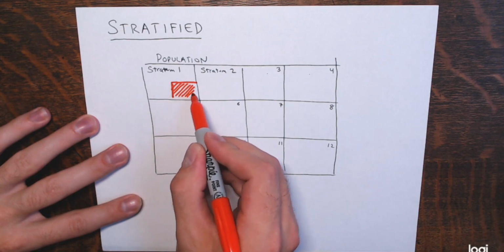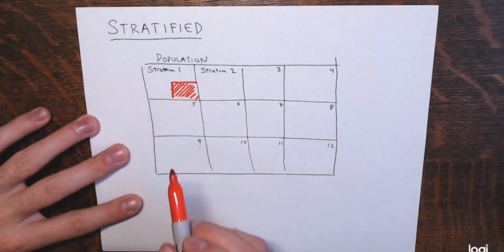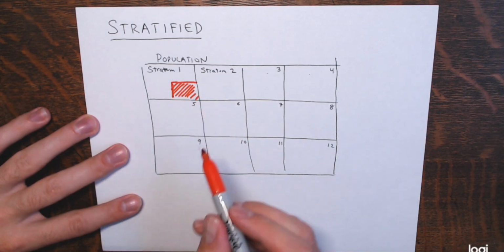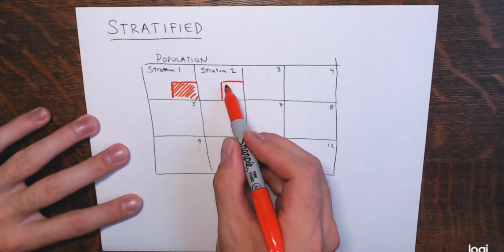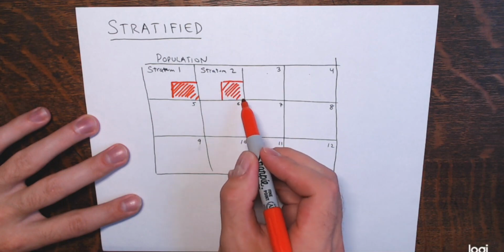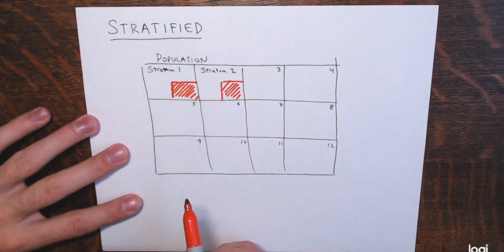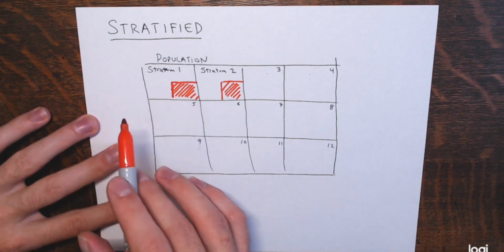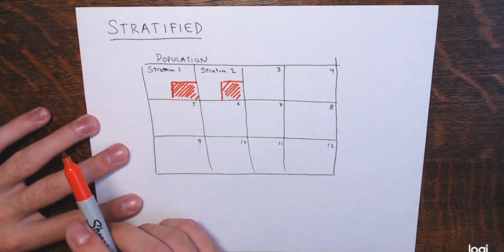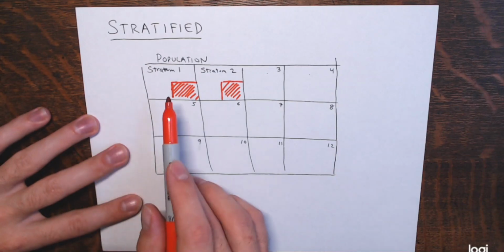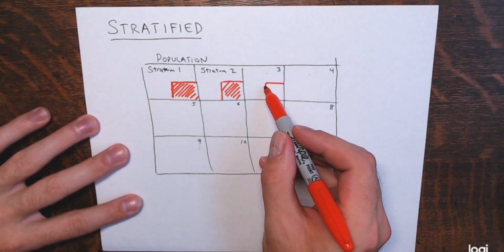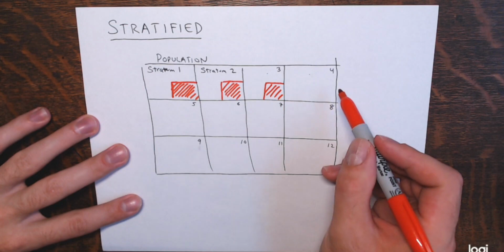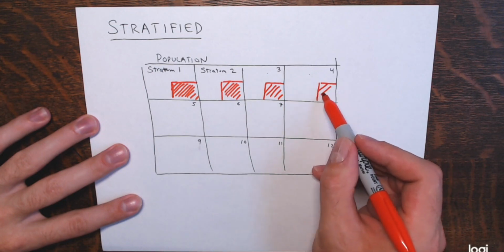Right, so everybody in that shaded box from stratum 1 is in my sample. And I do the same proportion, or about an equal proportion, about a quarter. And again, it can be a quarter, it can be a third, a half, 1/10. Just so long as I'm pulling about the same proportion from every single stratum, right?